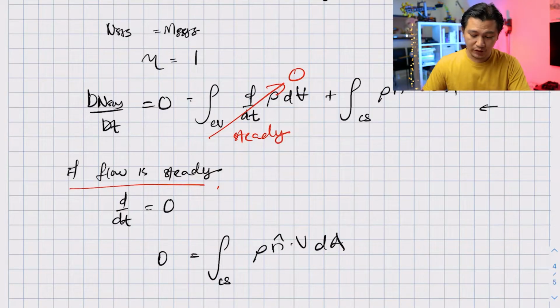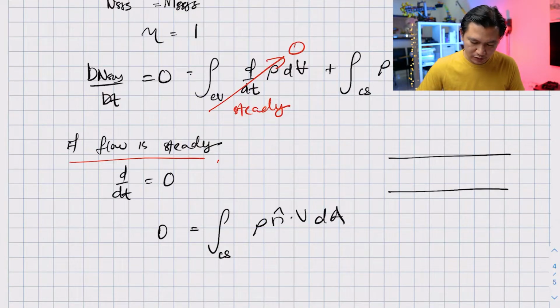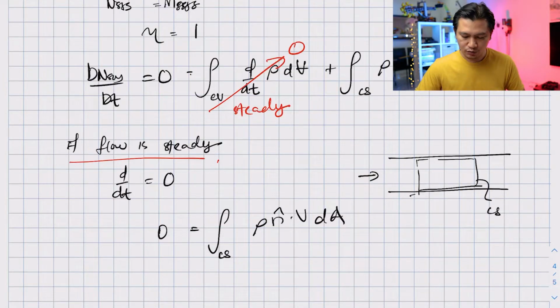Now this is quite simplified already, but of course we can simplify it even further. The control surface is the surface that defines the boundary of the control volume. Suppose you have a control surface that looks something like this, and the flow comes from left to right. Your control surface has one inlet and one exit, at point 1 and point 2.